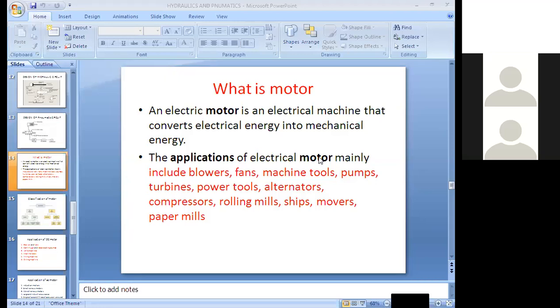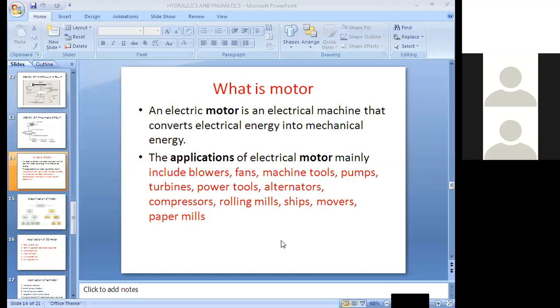In the exam they may ask what is a motor, or explain unbalanced vane motors or balanced vane motors, maybe even in the internal exam. At that time you have to define it: an electrical motor is a machine that converts electrical energy into mechanical energy. It is a simple definition. Keep in mind that electrical energy is converted into mechanical energy.